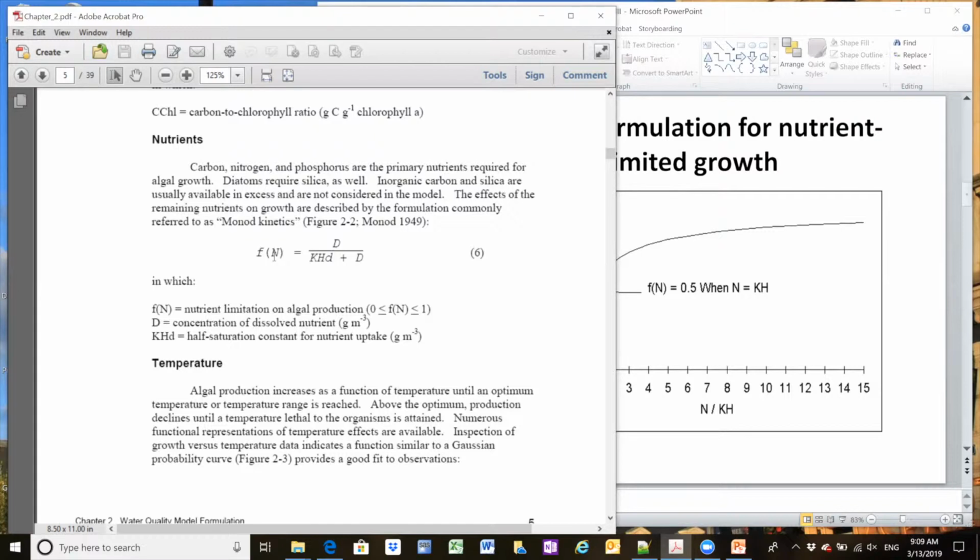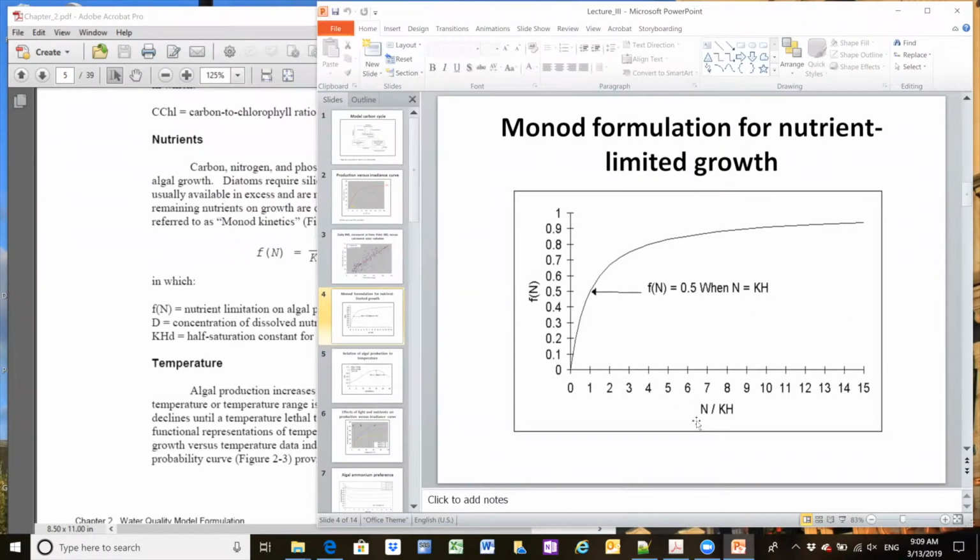This is the nutrient divided by that half saturation. When the nutrient is greatly in excess of the half saturation, the nutrient limitation effectively comes up to 1, or there is no nutrient limitation.